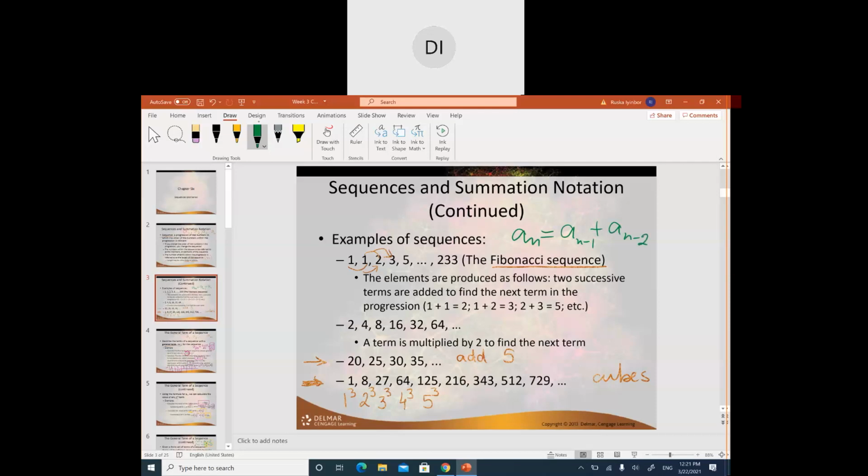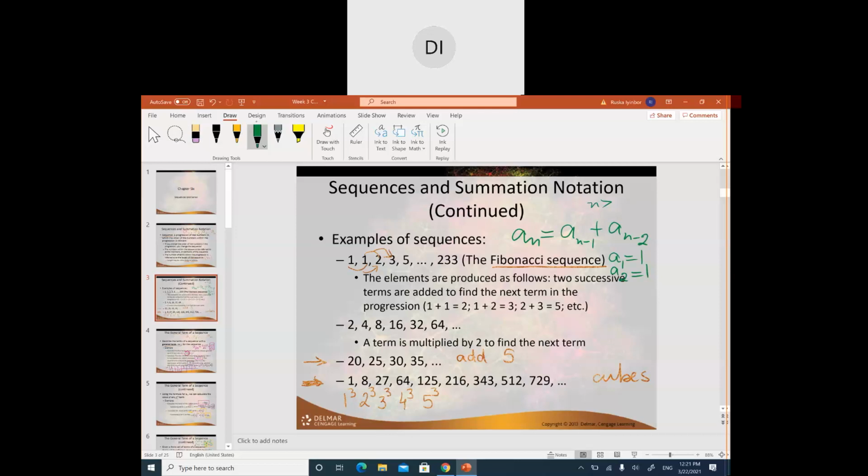You add the previous two terms, right? And this is going to be a_1 is 1 and a_2 is 1. You have to be given the first two because the formula has two terms before. And this formula is for when n is bigger than 2. So we're going to start from 3. Or you can just say bigger or equal to 3.